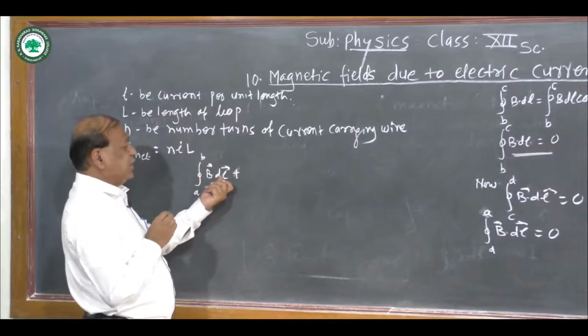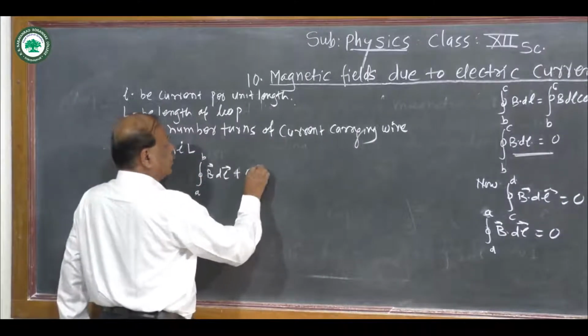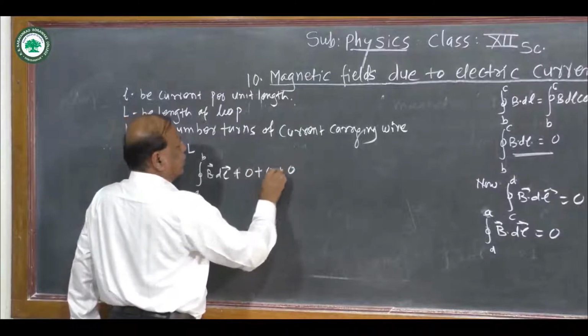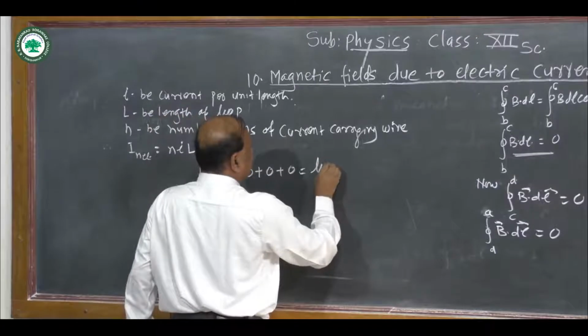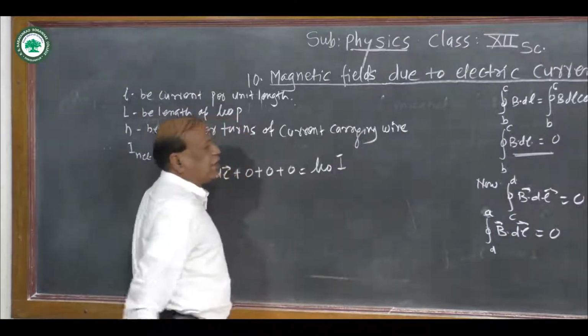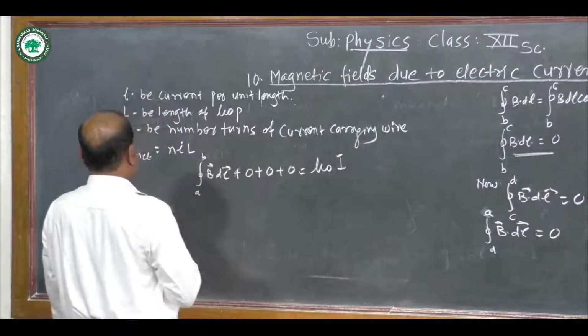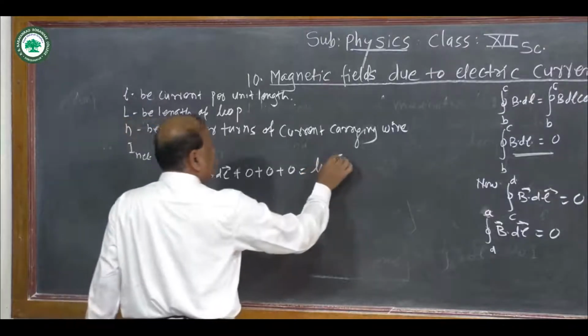Now this equation becomes, only the line integration from A to B of B dl plus 0 plus 0 plus 0 is equal to mu 0 times the interior current, that is the net current.